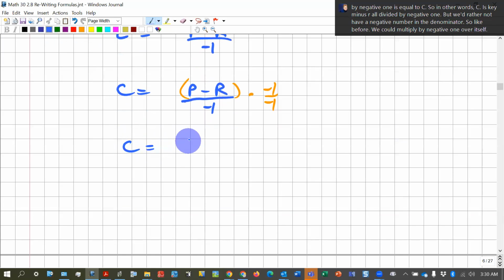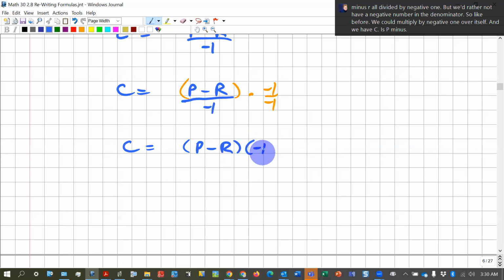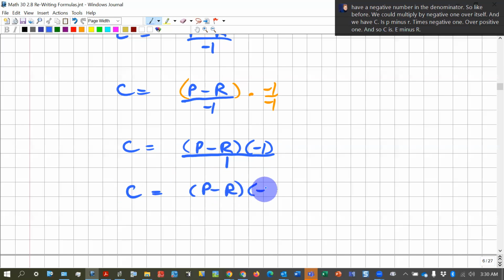And we have C is P minus R times -1 over +1. And so C is P minus R times -1. And then, as before, if I wanted to, I could put the -1 in front. And if I wanted to, I could distribute that -1.